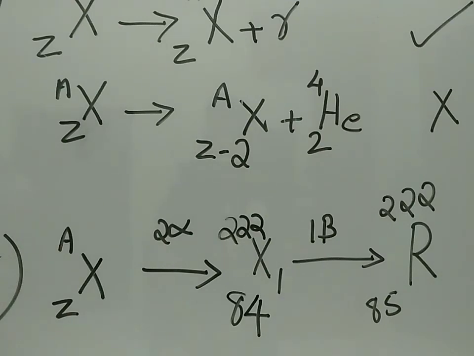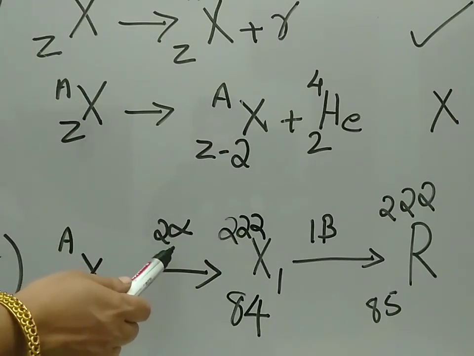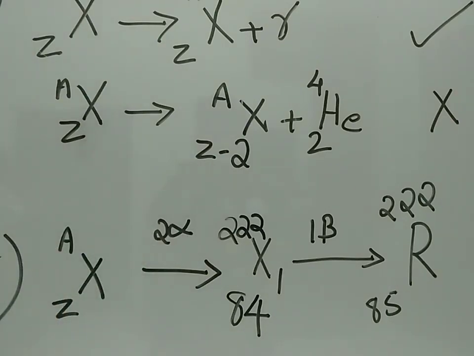Now we are going to find what happens to the mass number after the emission of 2 alpha particles. For 1 alpha particle, in the normal procedure we subtract 4.